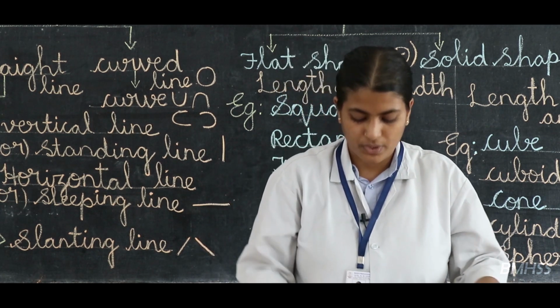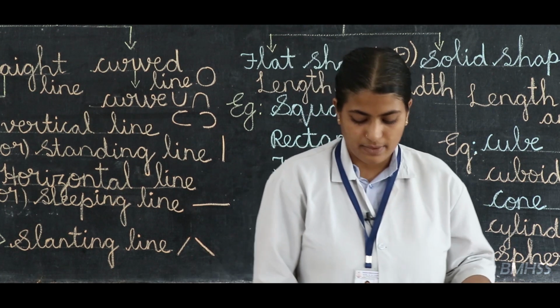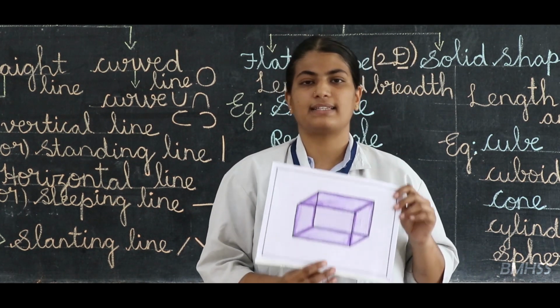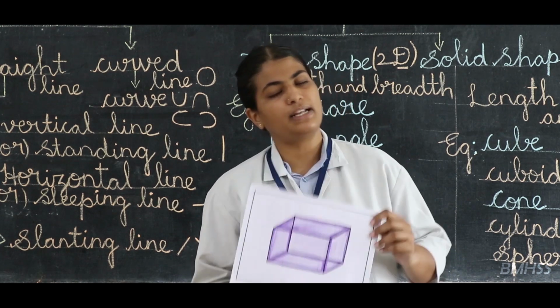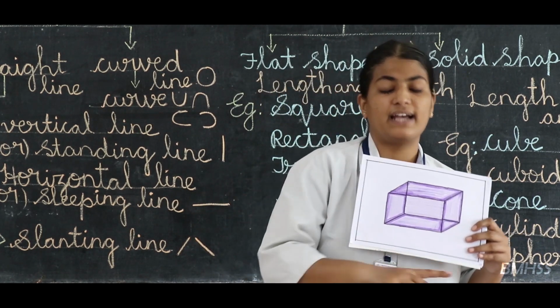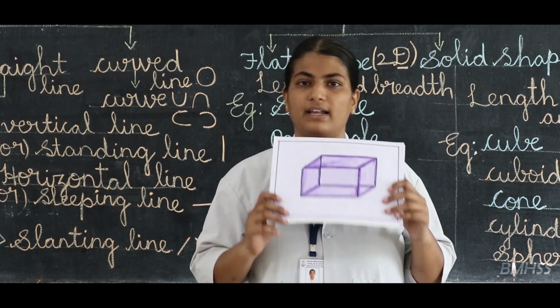Okay children. So a cube has 6 flat faces and 8 vertices. Next, the cuboid. A cuboid has 6 flat faces and 8 vertices, similar to a cube. The difference between the two is that in a cube all sides are equal, while in a cuboid the opposite sides are equal.